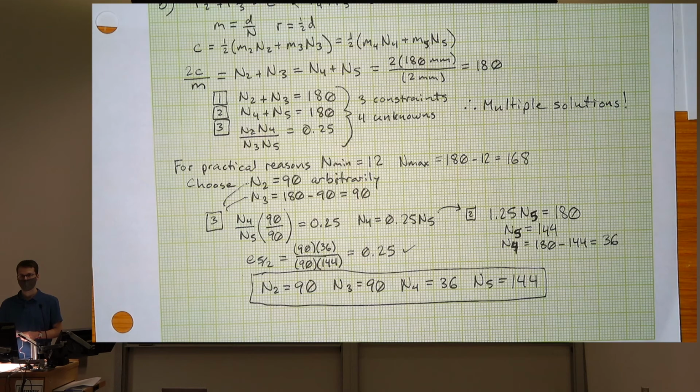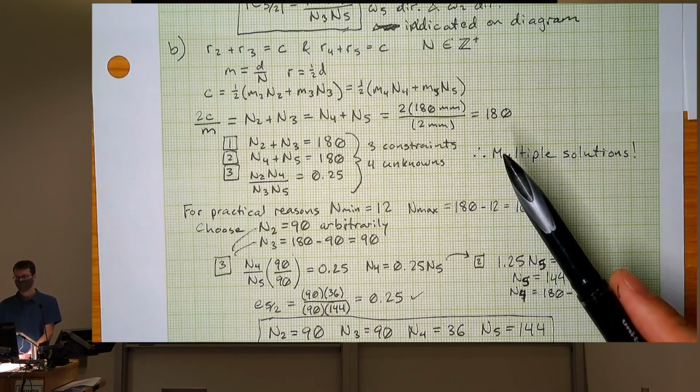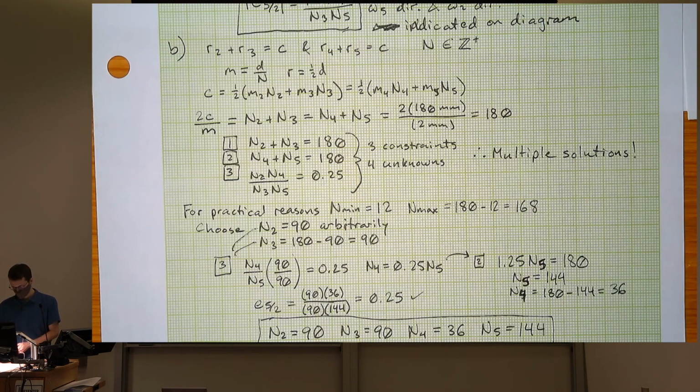So if you have to do some rounding, that's totally fine. The thing you have to make sure though is that your gear teeth are integer numbers and the sum of the gear teeth for meshing pairs is equal to 180 for this particular problem. Otherwise, the gears won't mesh, they won't fit into the desired space. Okay, so that's one solution to the problem.